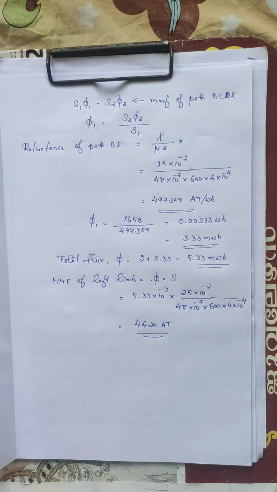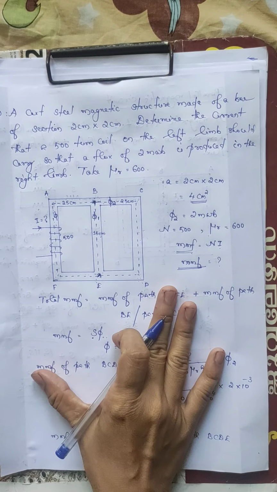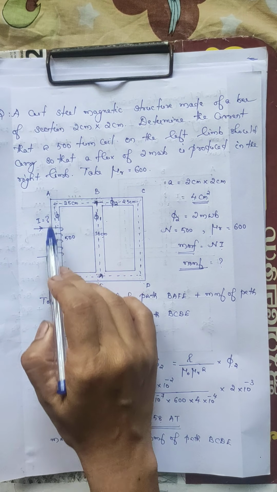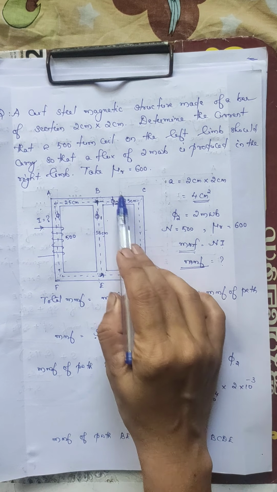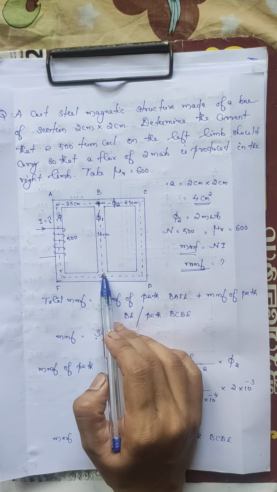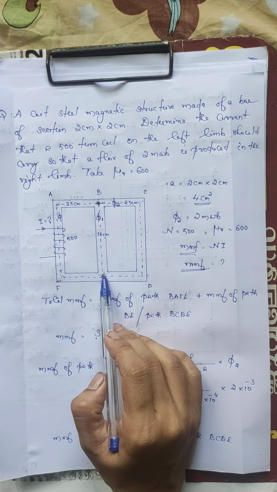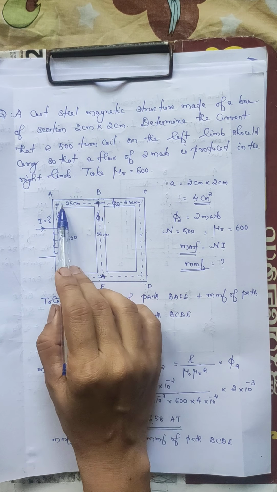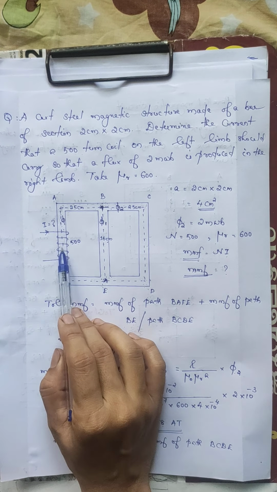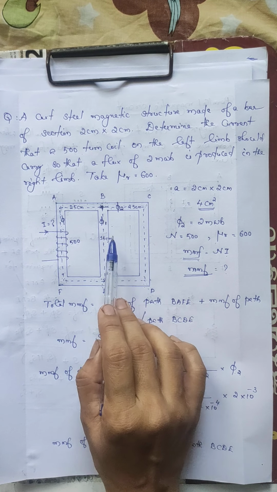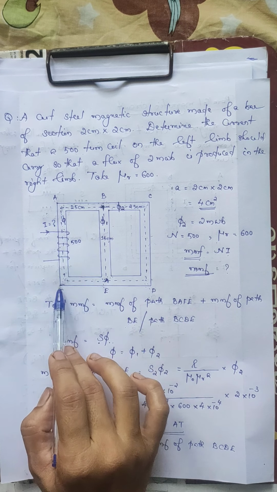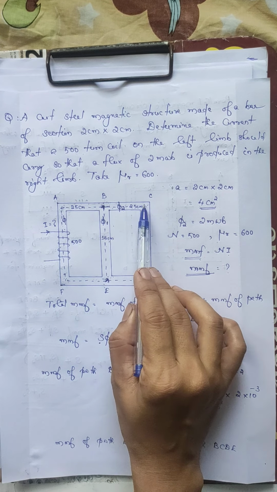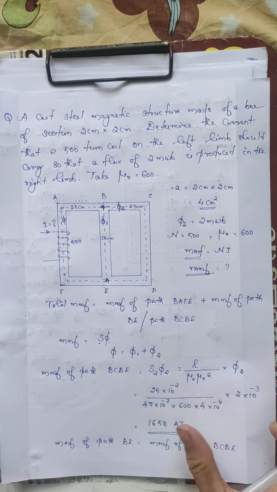Okay, so now we have already calculated the MMF of this limb as well as the MMF of this particular magnetic path. We know that for a parallel magnetic circuit, the total MMF will be equal to the MMF of that path over which the current carrying coil is wound plus the MMF of either one of the parallel paths. So the MMF of path BAFE plus path BCDE will give the total MMF.